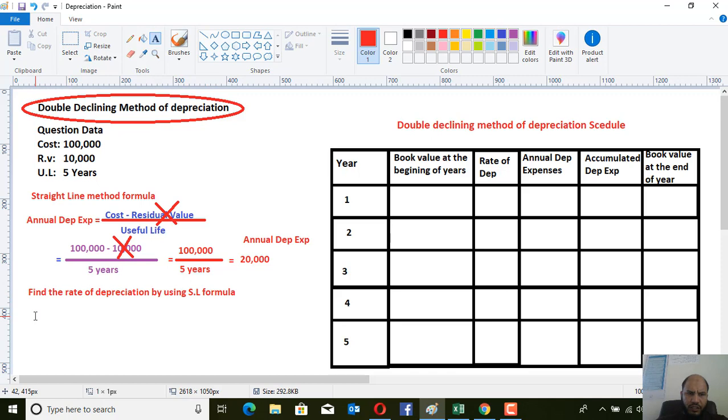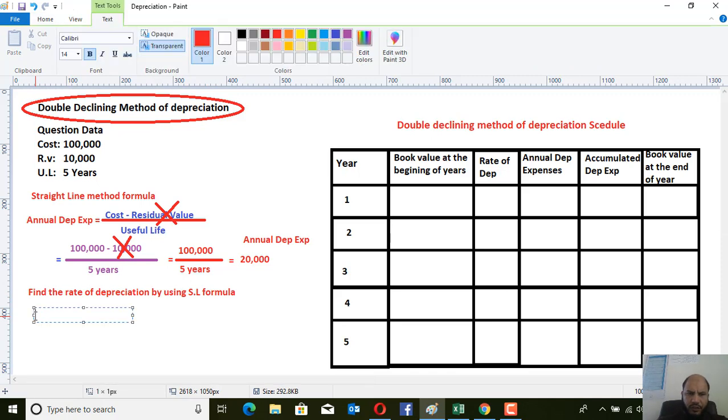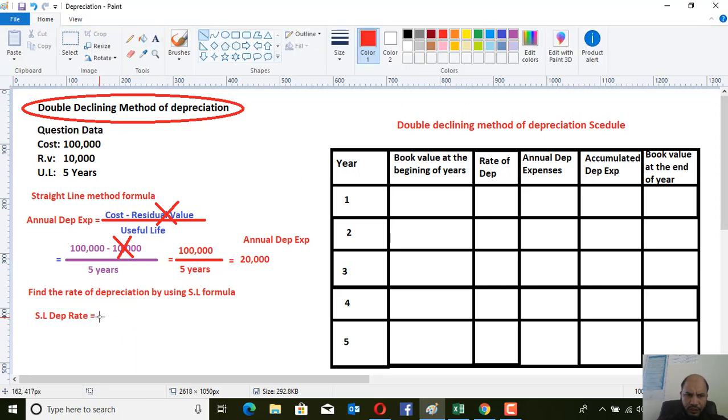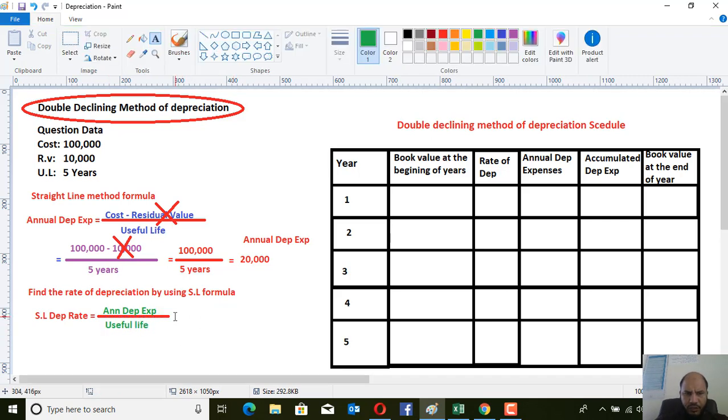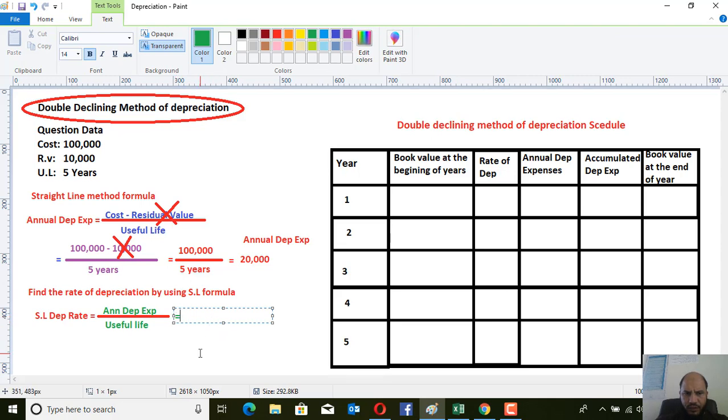So our rate is equal to the annual depreciation expenses divided by useful life. So now see, dear students.